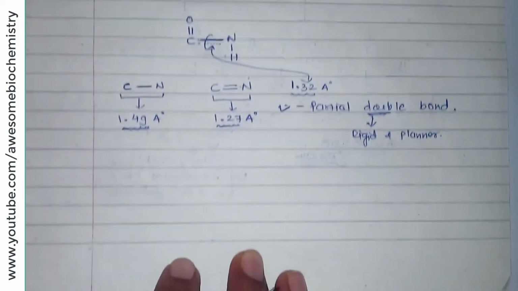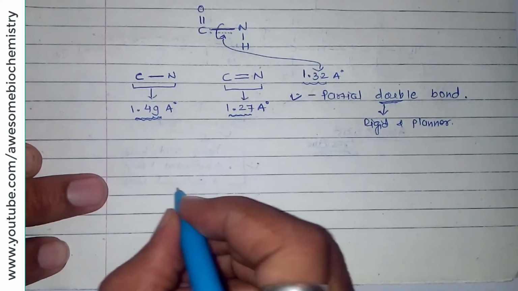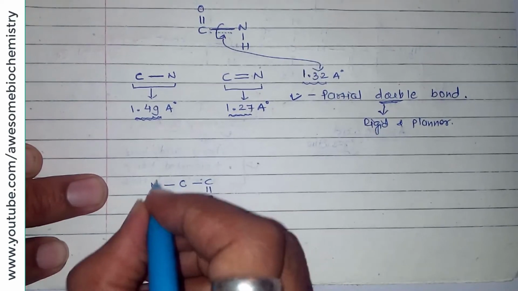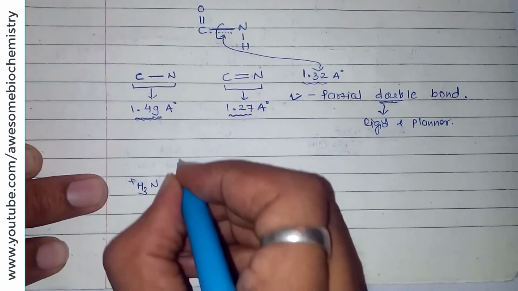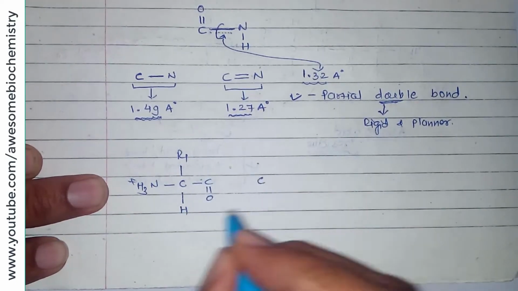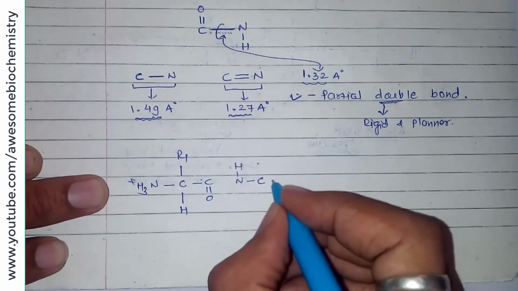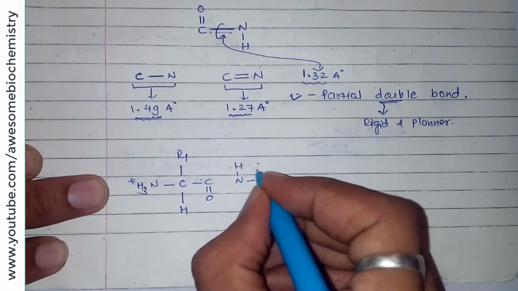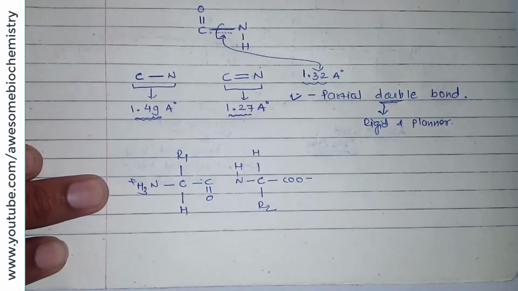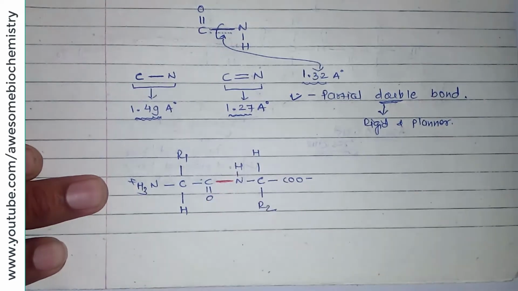So let's try to understand with one figure. Again, this is one amino acid, this is C double bond O, on this side we have NH3 plus, here we have R1 and here we have hydrogen. This is the second amino acid's alpha carbon, here we have NH, here we have the carboxyl group, here we have hydrogen, and here we have R2, and this one is the peptide bond, right.